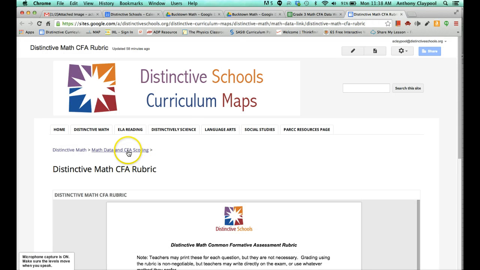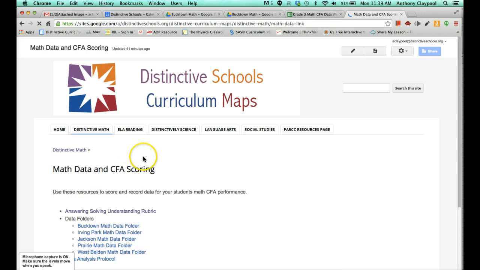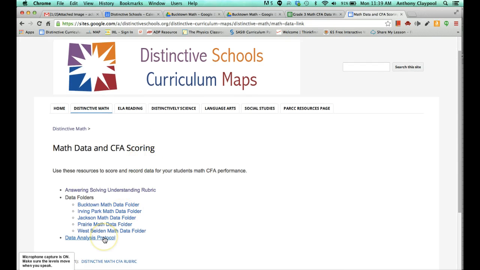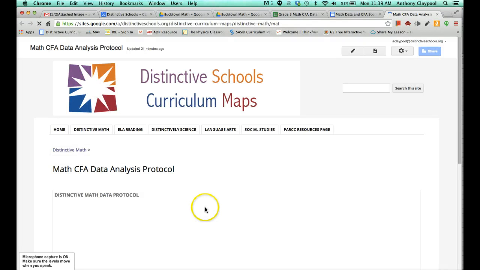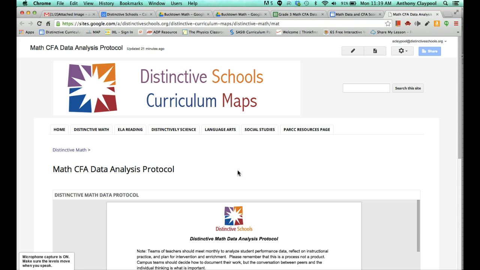So the last aspect: you've scored using the rubric, you've entered the data into your folders, and then the last step that we would ask, after all teachers in your team have done their scoring and data entry, is to go through this process. And again, I'll reiterate, just like in cognitive planning, this is a process, not a product.